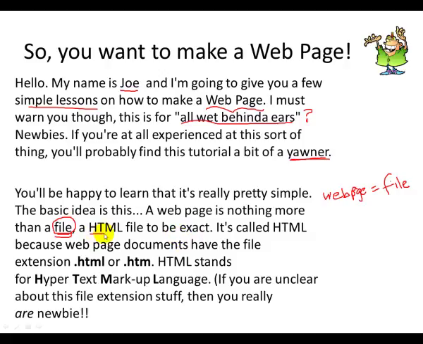What is HTML? Alright, so I guess it's a specific type of file. It's called HTML because web page documents have the file extension. I think that's something that sticks out or is extra. Oh, extension .html or .htm. I think I kind of get this.